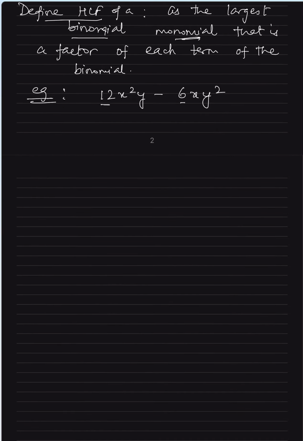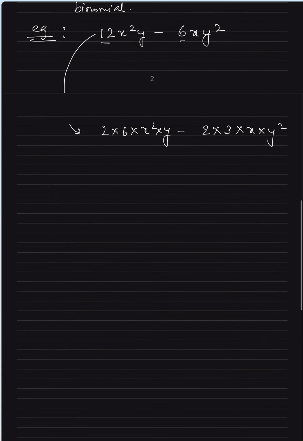I will see that 12 and 6 are both in the table of 2. So we will say 2 into 6 into x square into y minus 2 into 3 into x into y square. Now I will take the numerical coefficients. What is common? 2 is common. Here also I can factorize 6 as 2 into 3, so this term is 2 into 2 into 3 into x square into y minus 2 into 3 into x into y square, as this is in prime factor form.